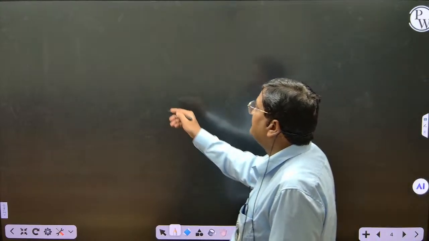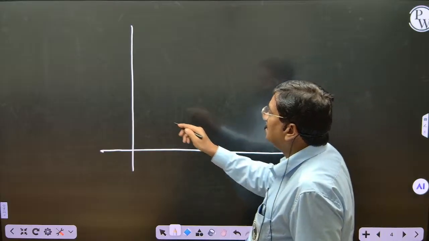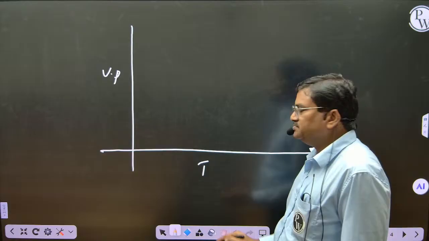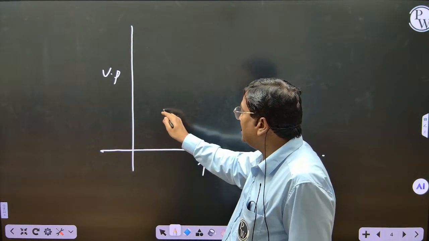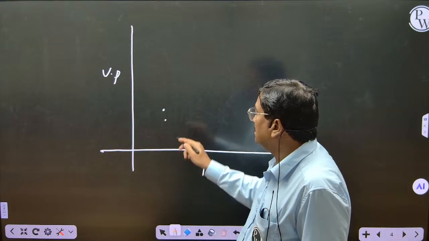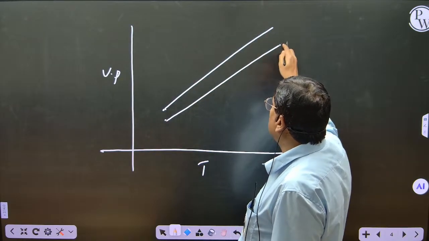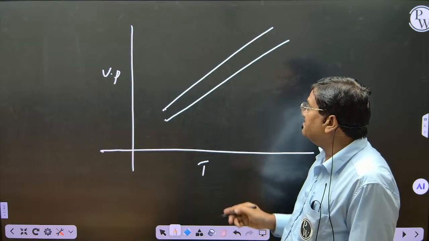See, draw a graph. On the y-axis you take vapor pressure, and here you take temperature. And if you remember in elevation in boiling point, the upper part will be solvent, the lower part will be solution. So this plot is for solvent and this plot is for solution, because vapor pressure is increasing with increase in temperature.